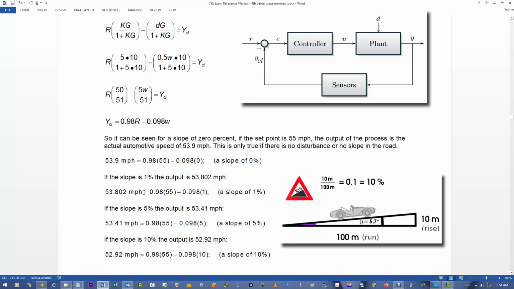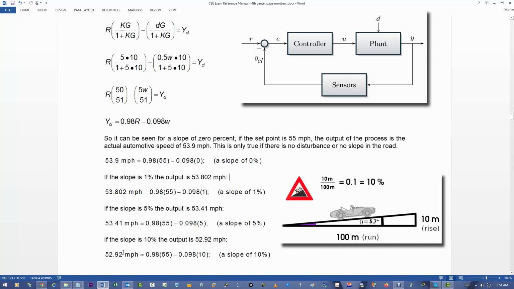Not bad. With a 5% slope, that's 5 feet of rise in 100 feet, we get 53.41 miles per hour. And with a 10% slope, that's 10 feet of rise in 100 feet, a pretty steep hill, we reduce down to 52.92 miles per hour, almost 53 miles an hour.